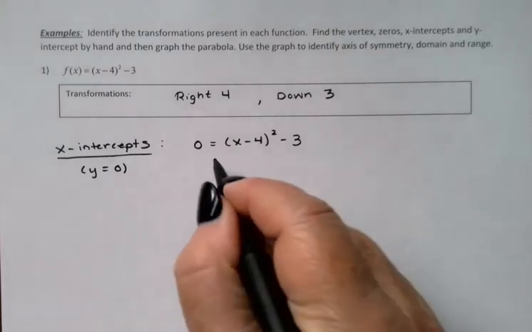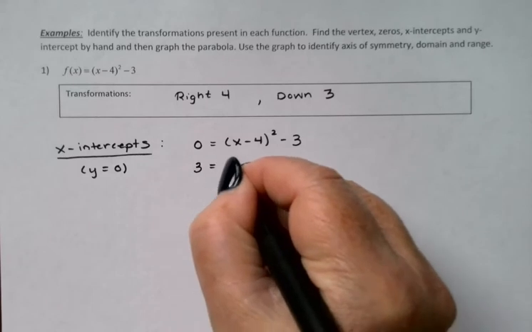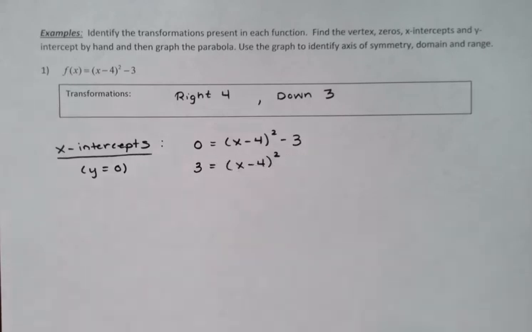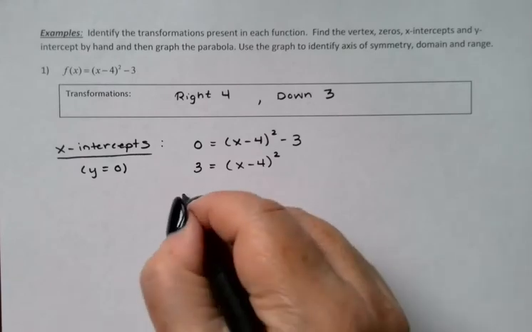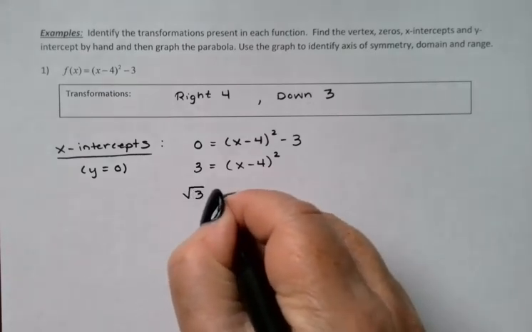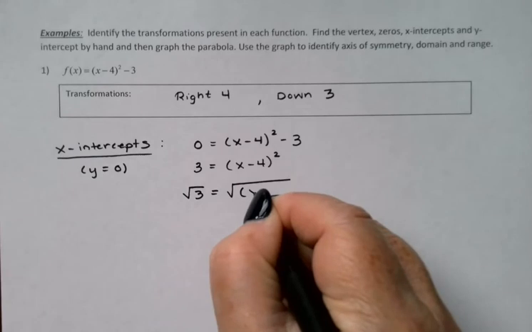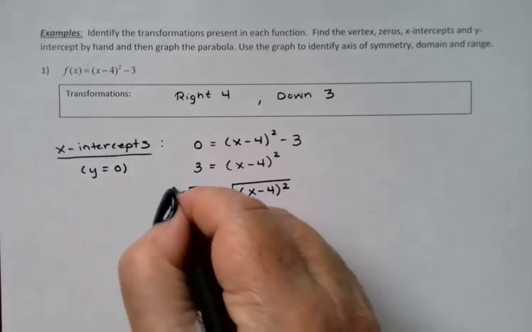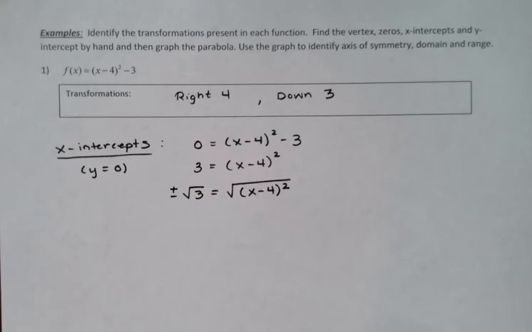I'm going to add the 3 to bring it over to the left-hand side. And then I'll just take the square root on both sides. I have to make sure to include both the positive and negative square roots.